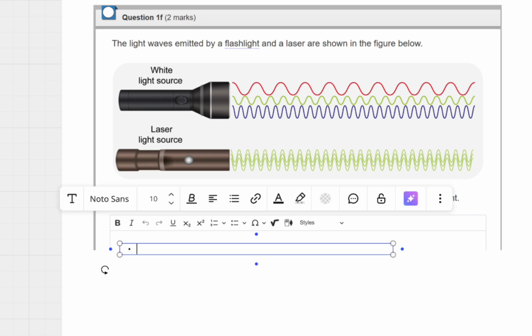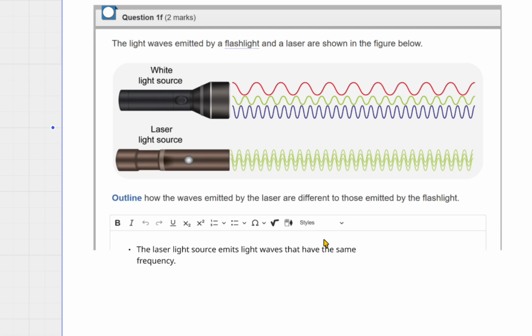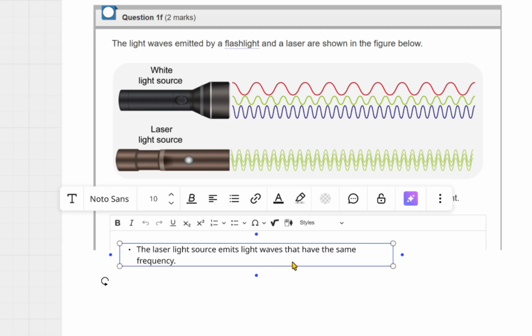So 2 markers, so we'll write 2 points. The laser light source emits light waves that have the same frequency and wavelength.